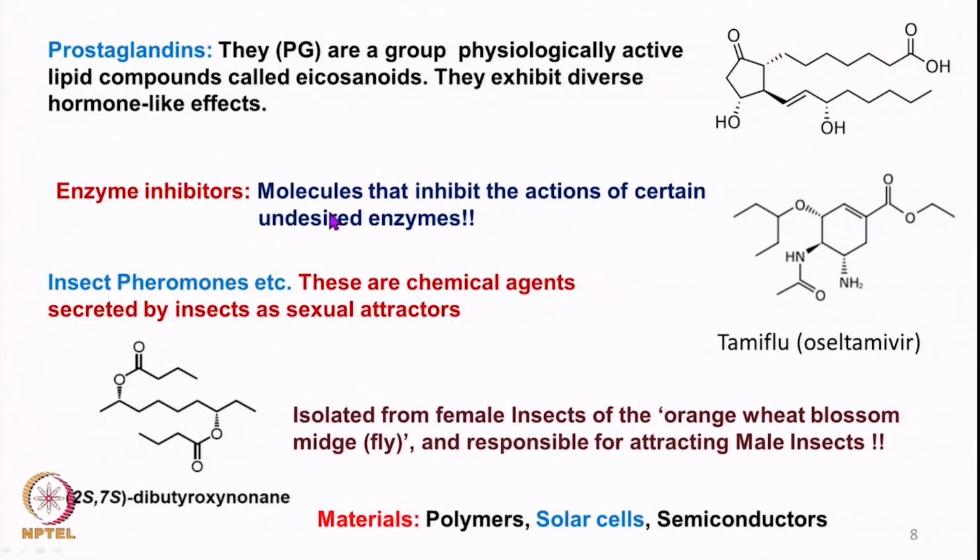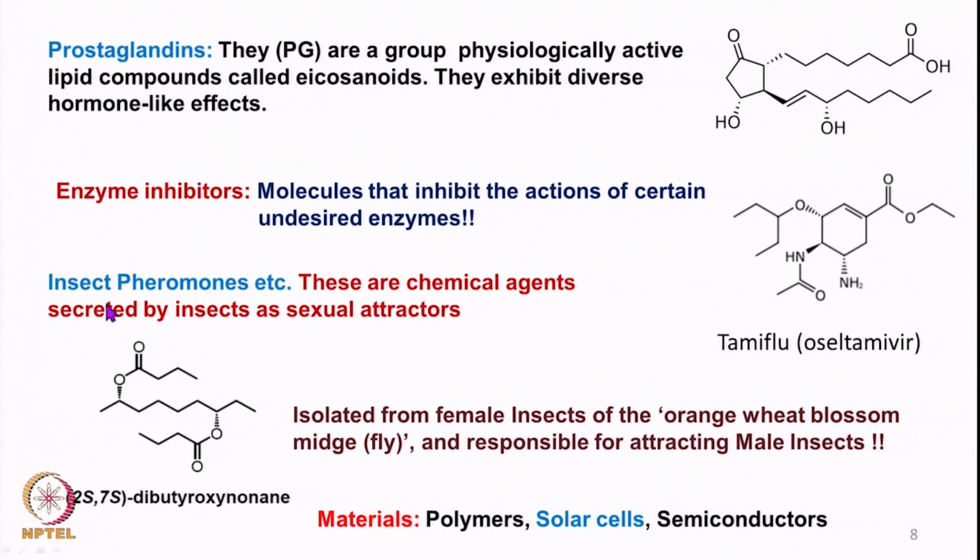There are also enzyme inhibitors of different kinds, which basically are molecules that inhibit the actions of certain undesired enzymes. For example, this Tamiflu, which is oseltamivir, is actually a drug or an enzyme inhibitor against swine flu. So, that means it inhibits the enzymes of the virus which is causing the swine flu.